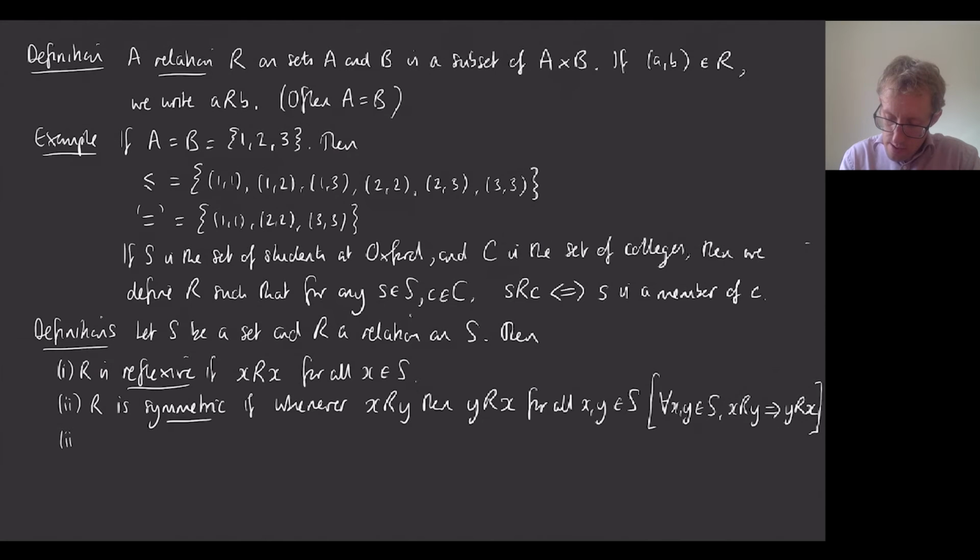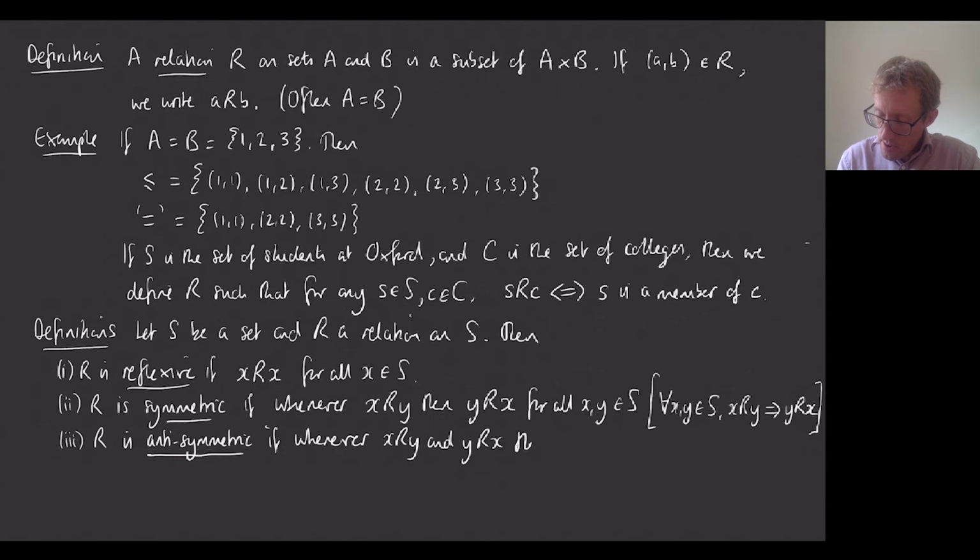The third property that R might have is being anti-symmetric. And so that is the case if whenever x is related to y and y is related to x, then x is equal to y. So with this property, the only way you can have x related to y and y related to x is if x is equal to y.